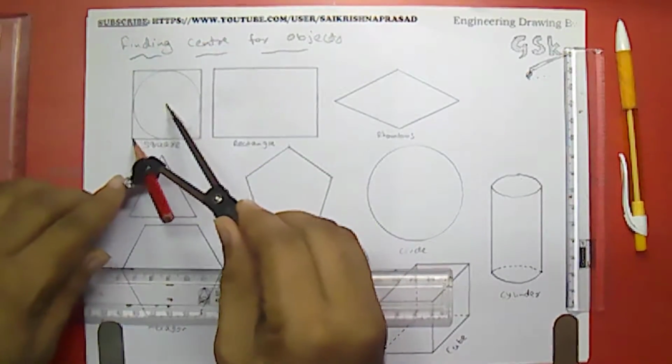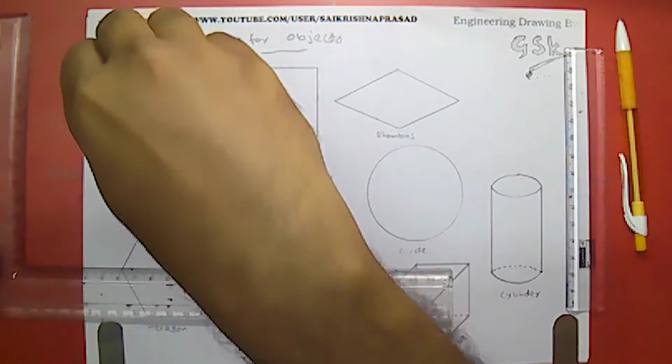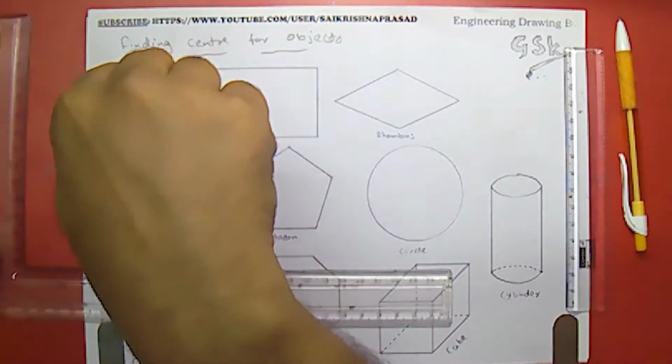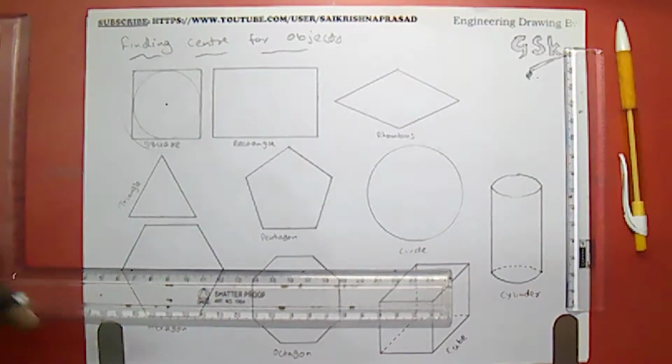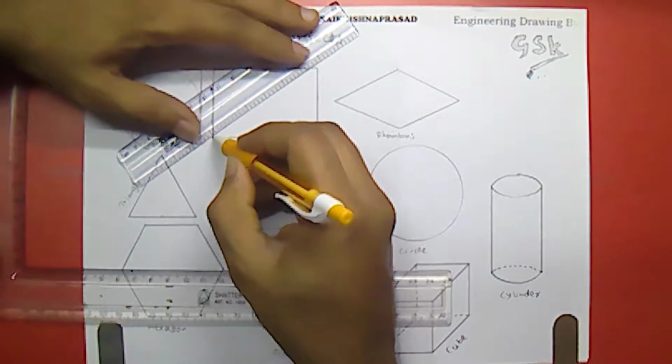For this I am measuring half of the diagonal. Here you can see the exact center.